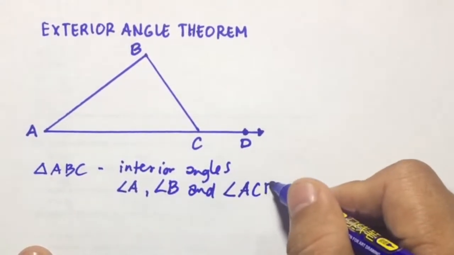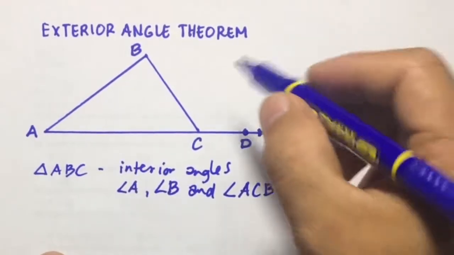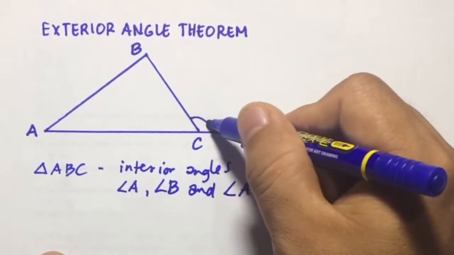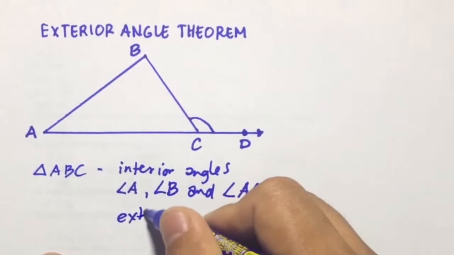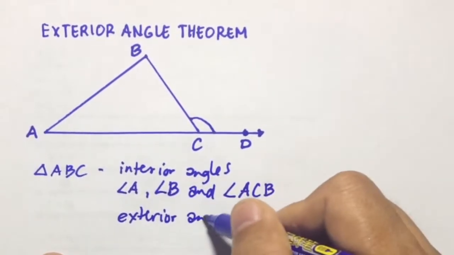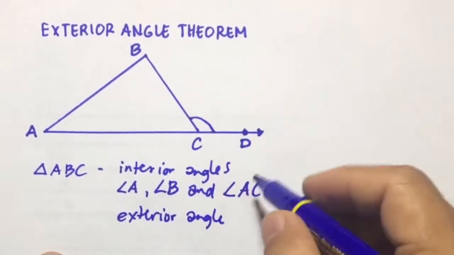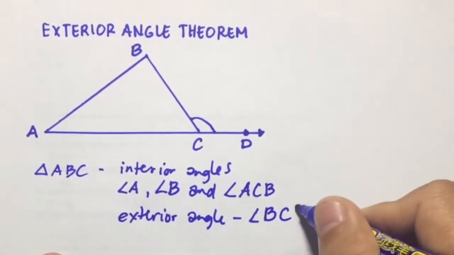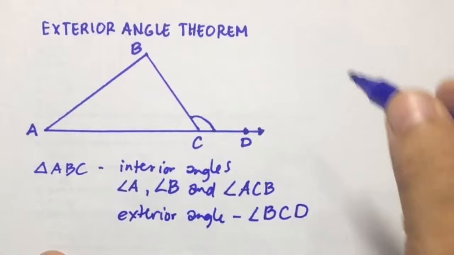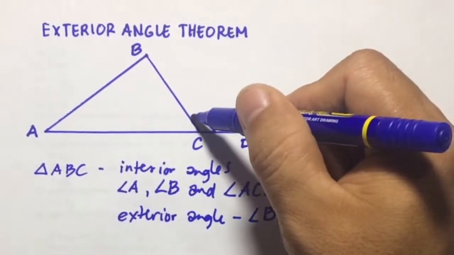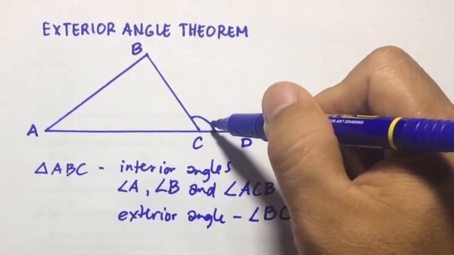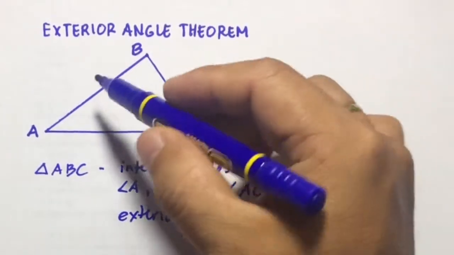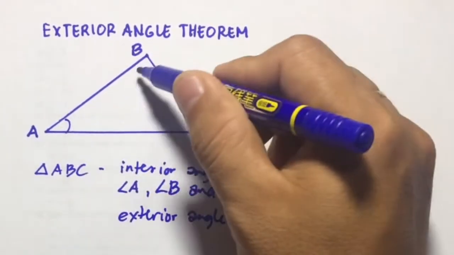So these are the interior angles. And we have here an exterior angle BCD.